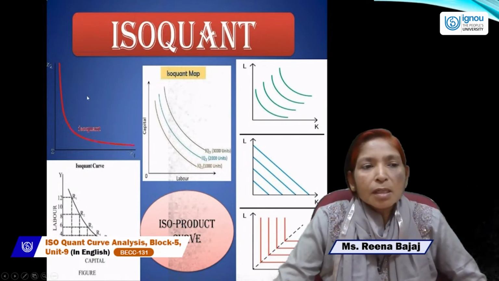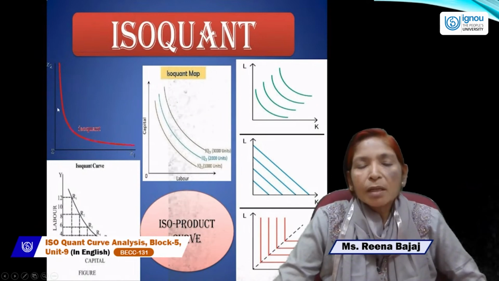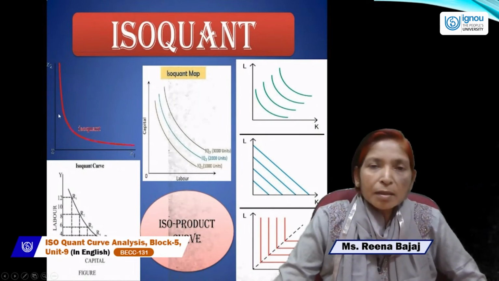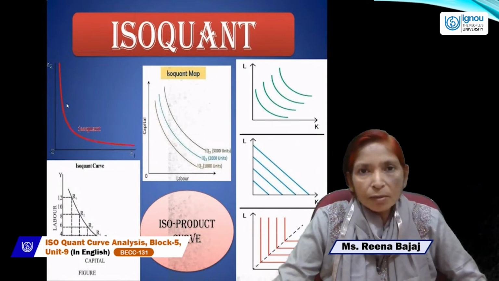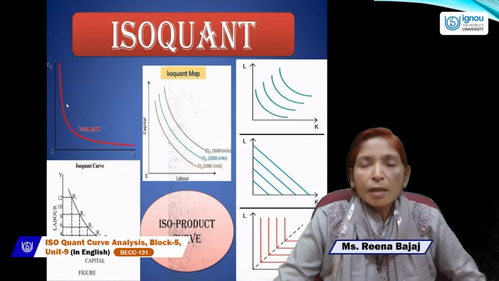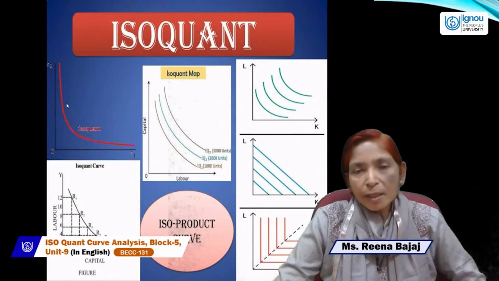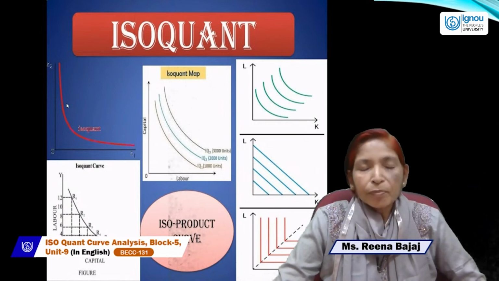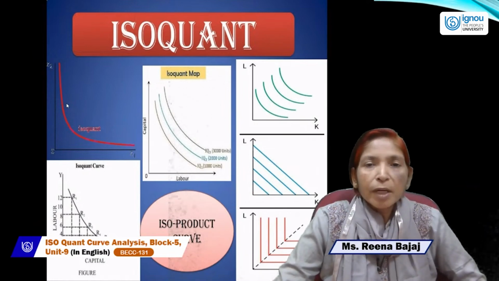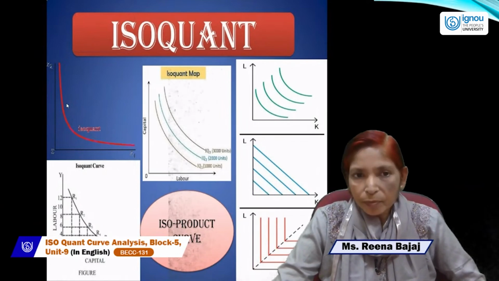Iso-quant curve is generally convex to the origin or a downward sloping curve. Iso-quant curve is just the same as the indifference curve, but the difference is that the indifference curve is related with consumer theory and represents consumer equilibrium, but iso-quant is related with producer theory and producer behavior, or it will show producer equilibrium.